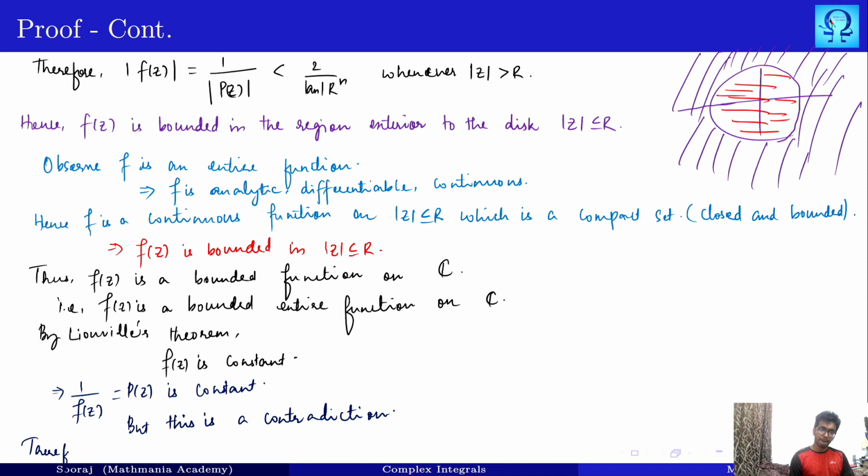Therefore, p of z has at least one zero in C, and this completes the proof.